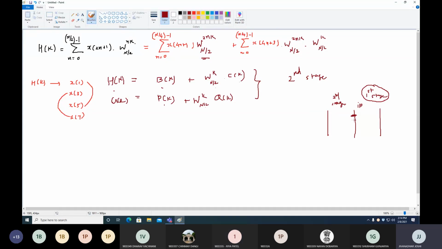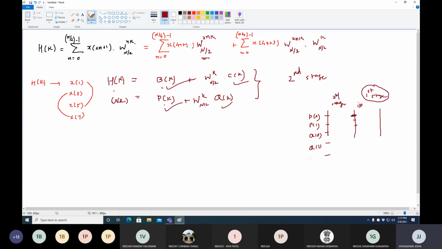Yes, sir. So g of k and h of k are the inputs for the first stage and the output of the second stage, and similarly the inputs of the second stage are p of k, q of k, b of k and c of k. So I will have p of 0 here, then p of 1 here, then q of 0 here, q of 1 here.